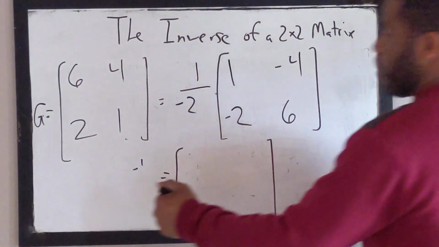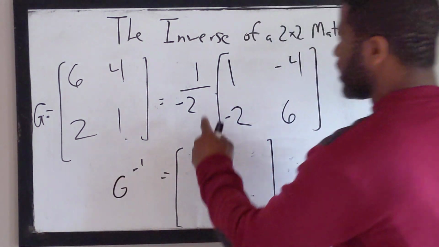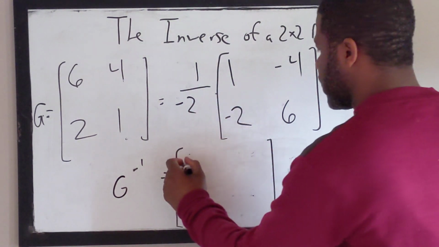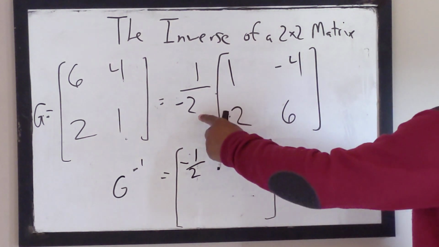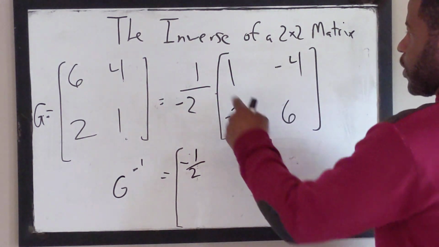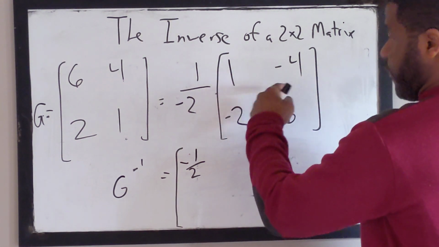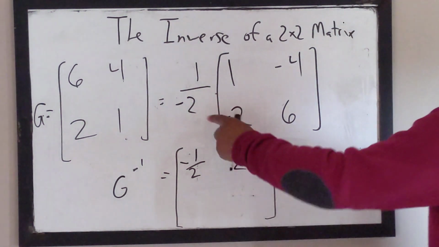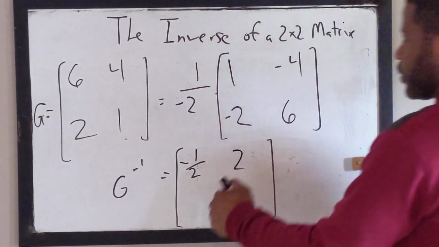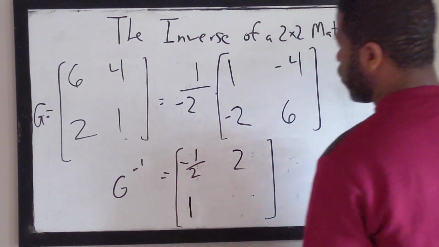All right? Now, G inverse. Let's finalize it. -1/2 times 1 is -1/2. -1/2 times -4: half of 4, of course, is 2, and negative times negative is positive. -1/2 times -2 is 1.